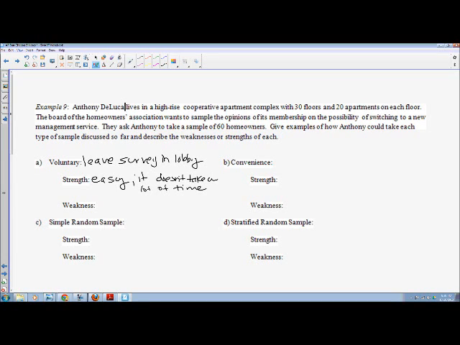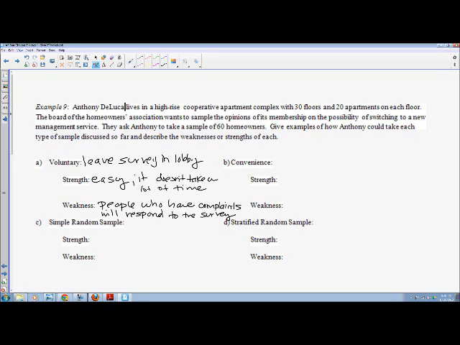So I would say the weakness is that people who have complaints will most likely be volunteering their information because they want to voice their unhappiness.